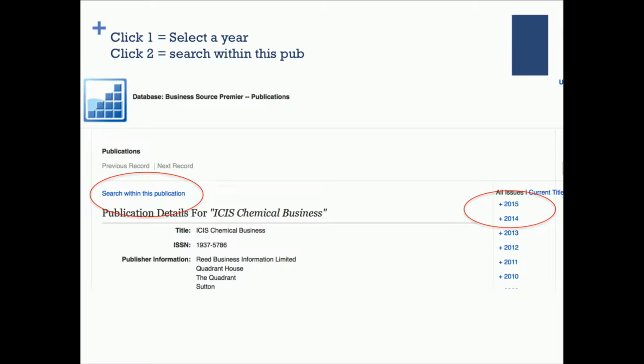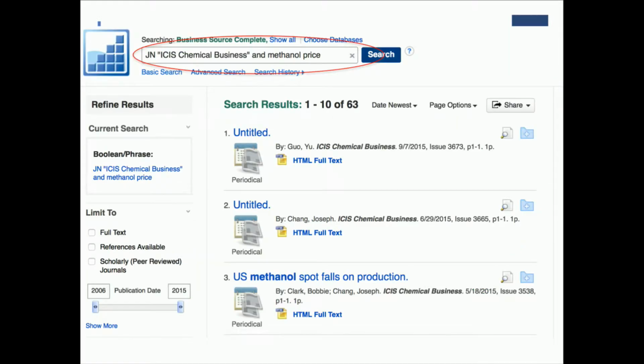And typically what you'd like is to select a year, and typically you would select the most recent year, like 2015 or 2016, and you would search within the publication for information on your particular solvent or material. So here is something on the methanol price, and there are 3 articles there that you can go and read and get some information on methanol prices.